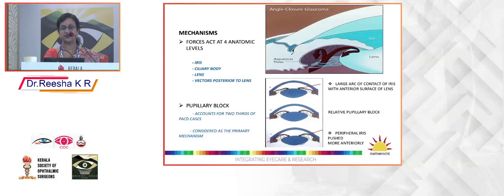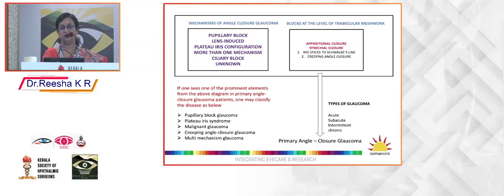Coming to the mechanisms behind primary angle closure glaucoma, the question is whether it is feasible to combine the mechanism also into the classification. Clinically, combining the two is to be thought of.